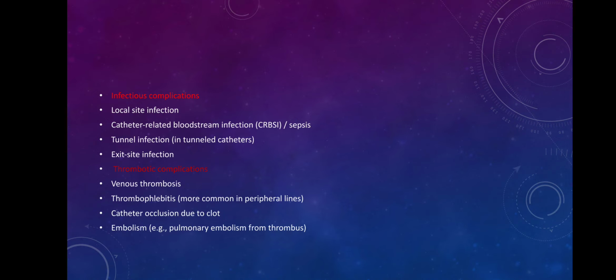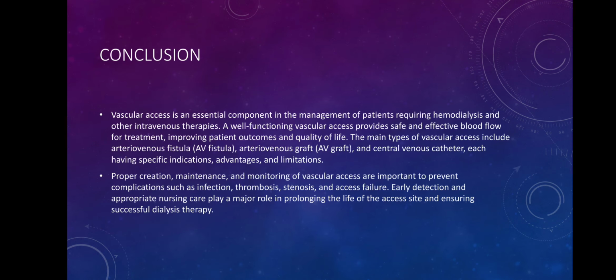Next, infectious complications like local site infections, catheter related bloodstream infections, sepsis, tunnel infections, and exit site infections. Thrombotic complications mean venous thrombosis and thrombocytopenia. Then, the most common with peripheral lines: catheter occlusion due to clot, embolism, for example pulmonary embolism from thrombosis.